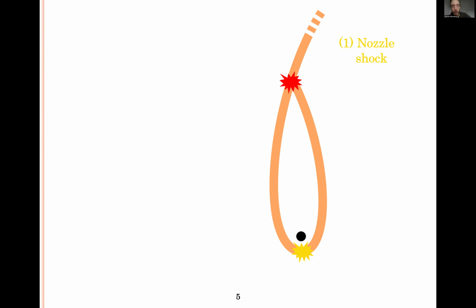There have been some studies including general relativistic effects, but they have been found not to have huge impact, for example, on the fallback. The rate at which the mass comes back will not be strongly affected by general relativistic effects, because essentially the lowest tidal radius is a few tens of gravitational radii, so it's not a strong effect.